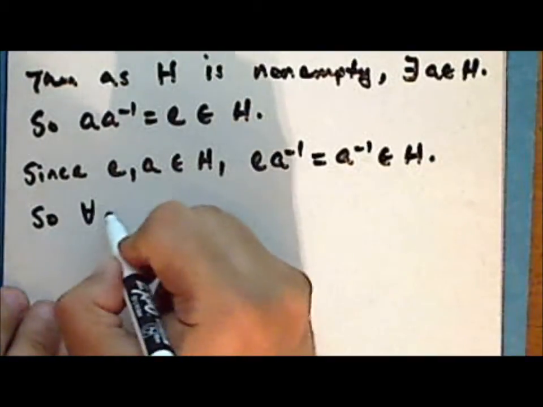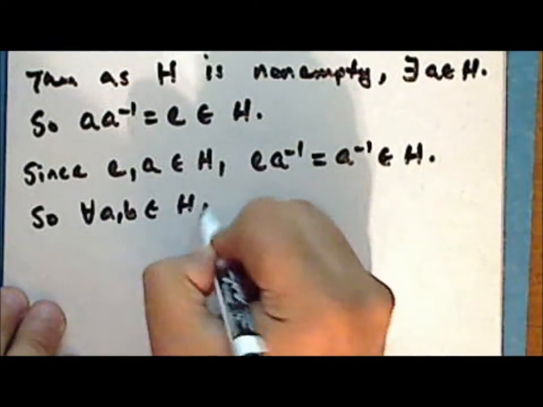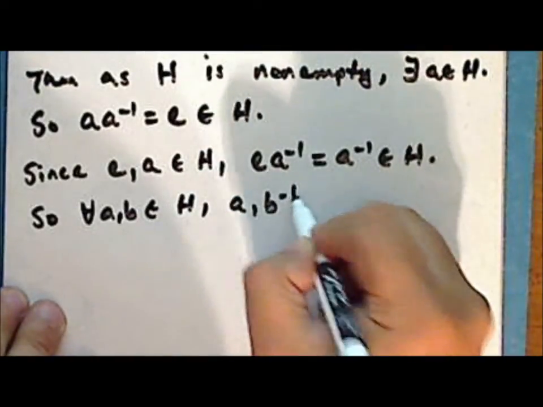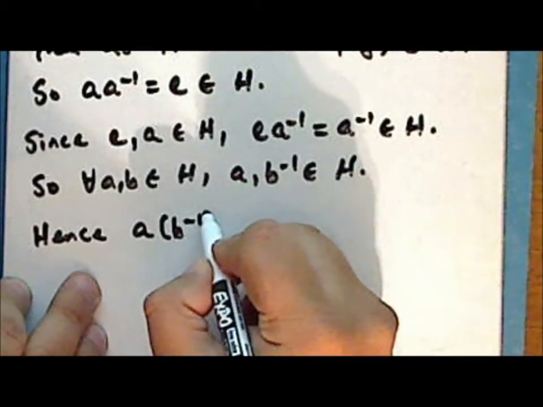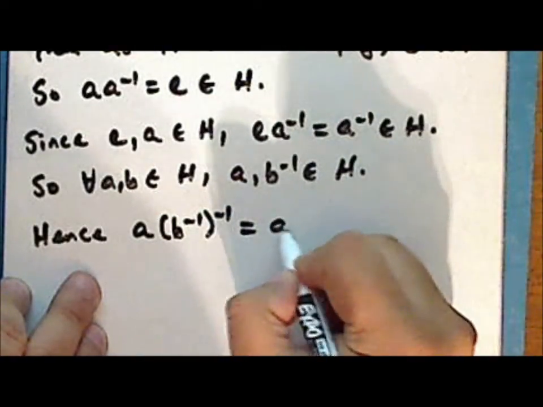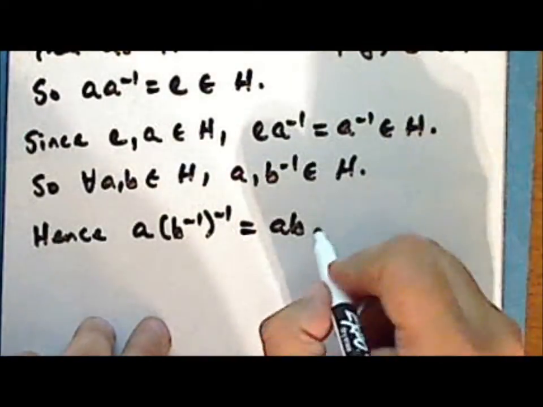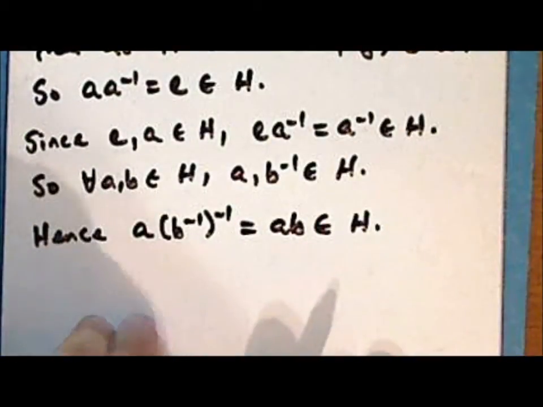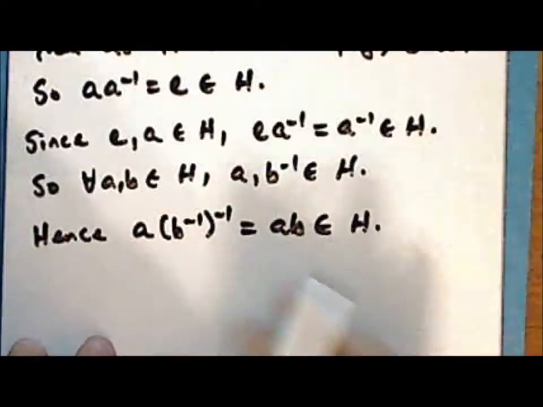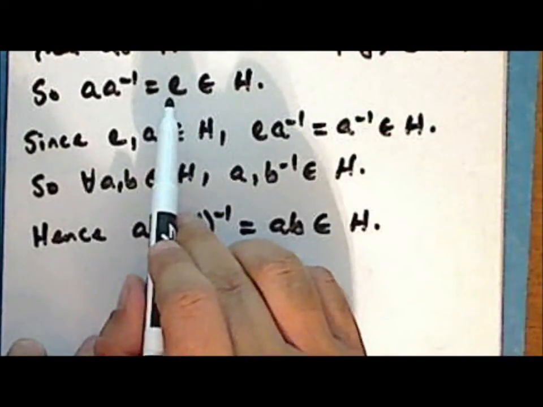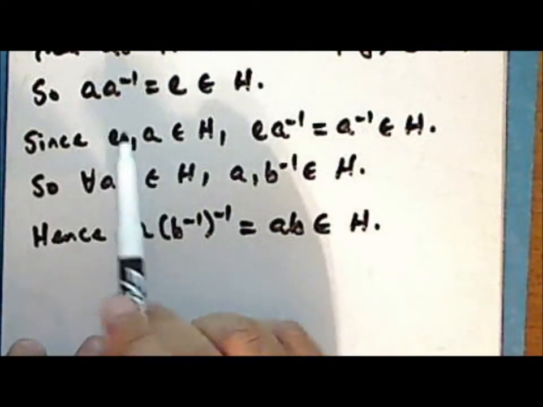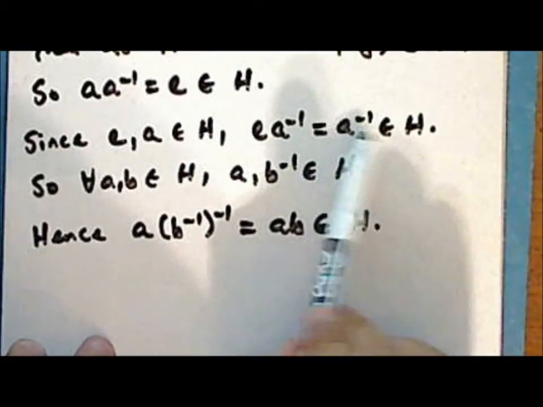And so for every two elements A and B in the set H, we have that the element A and the inverse of B is in the set H. And hence the operation of the element A with the inverse of B, which is the operation of A and B, is in the set H. And so H is a subset of G that is closed under the same operation as in G that contains the identity element, and for every element in the set, the inverse is also in the set.